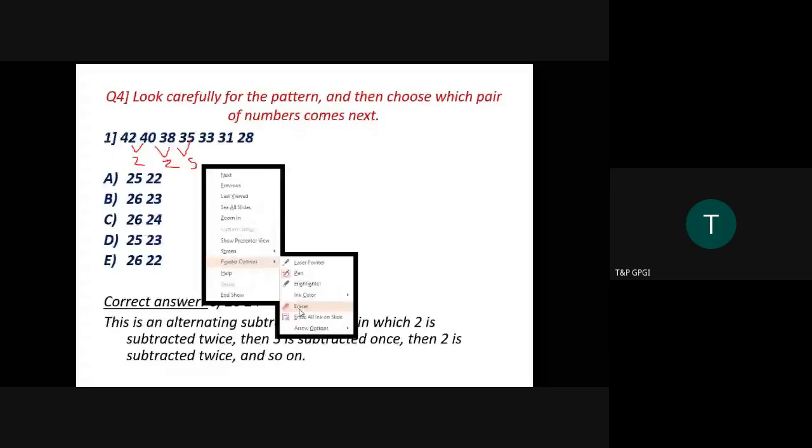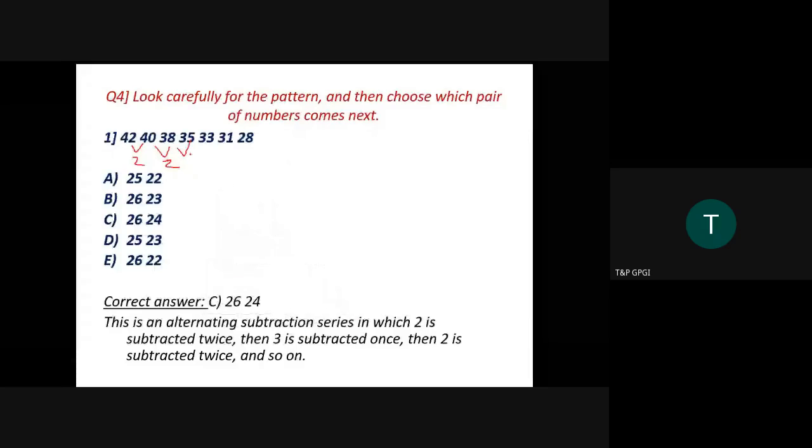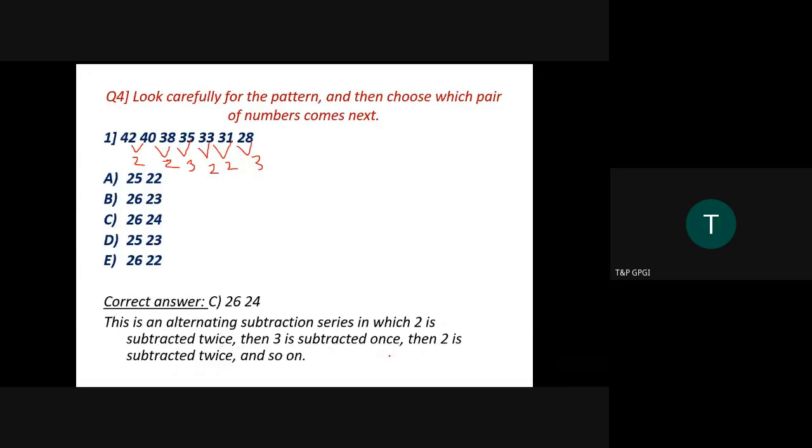You can see there, this is an alternating subtraction series in which 2 is subtracted twice, then 3 is subtracted once, then again 2 is subtracted twice, and so on. The series is repeating. That means after 28, I need to add 2 in this to find the next number. No, I'll have to subtract 2.